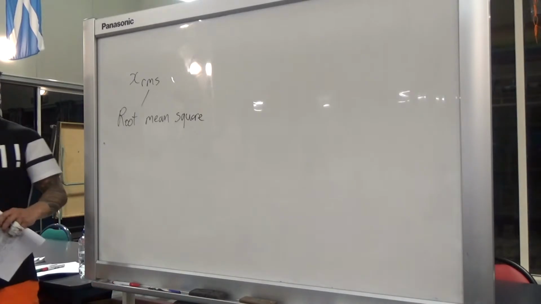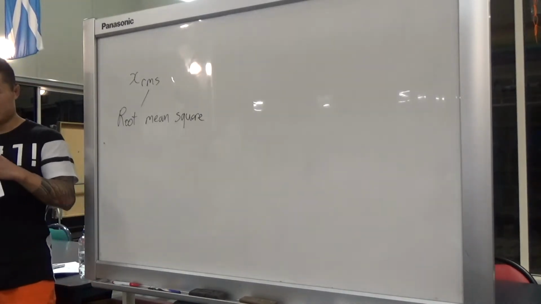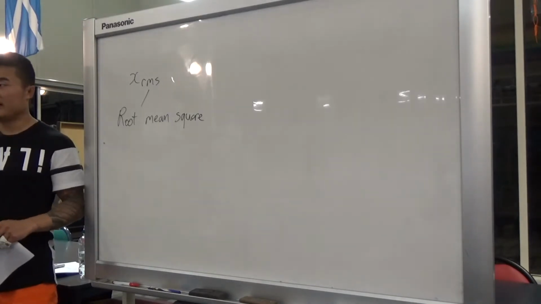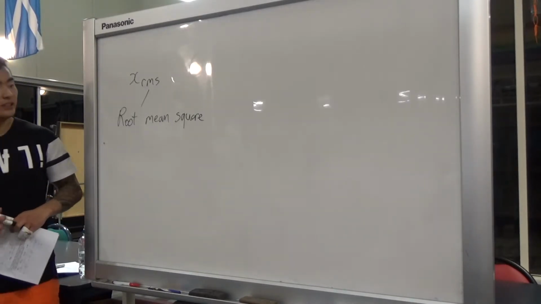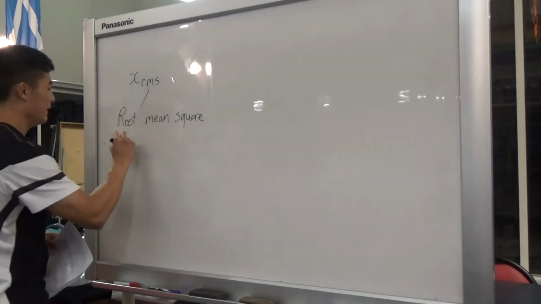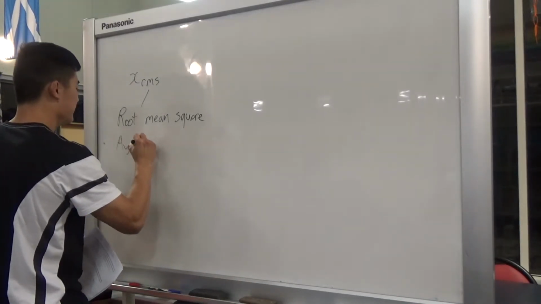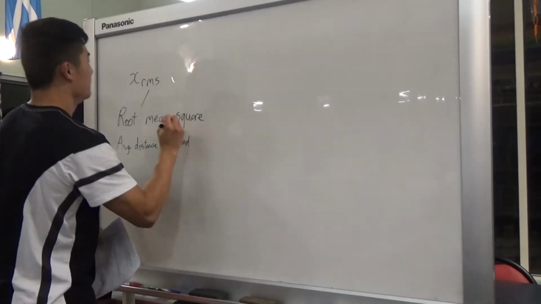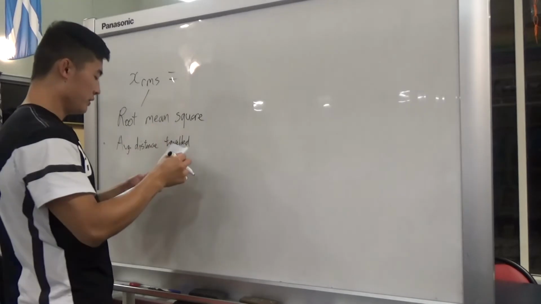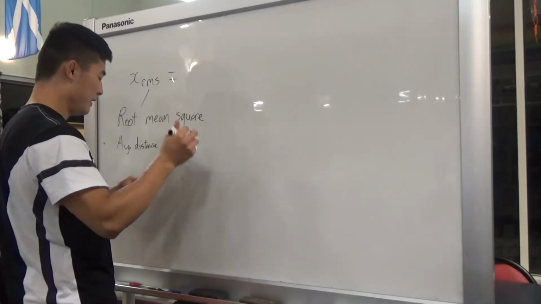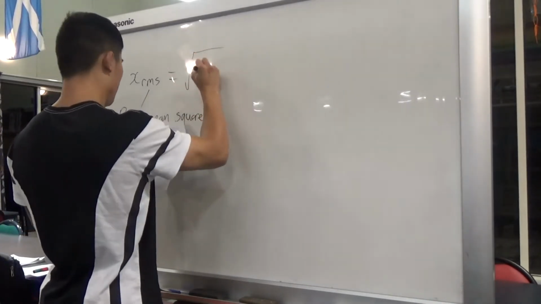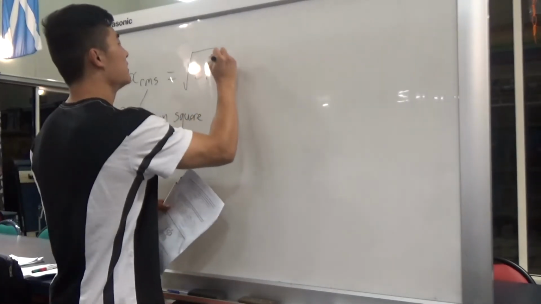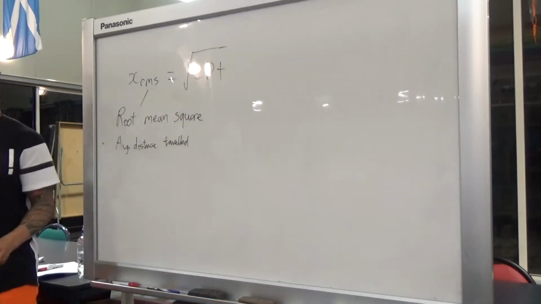That just means the average distance traveled by the molecules, and that's equal to the square root of 2 times the diffusion constant multiplied by time.